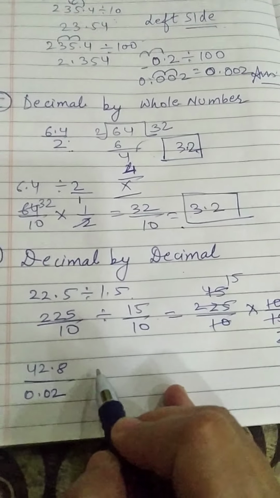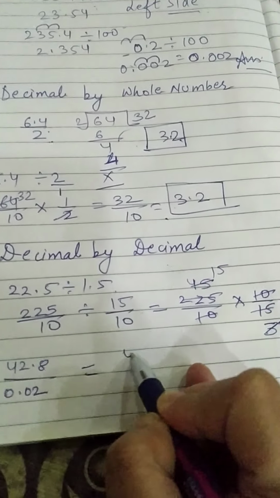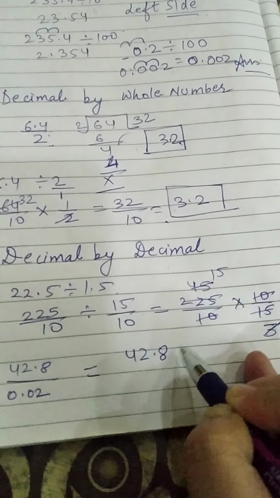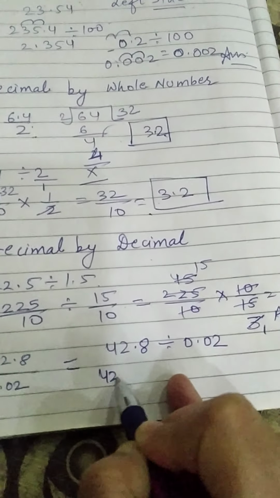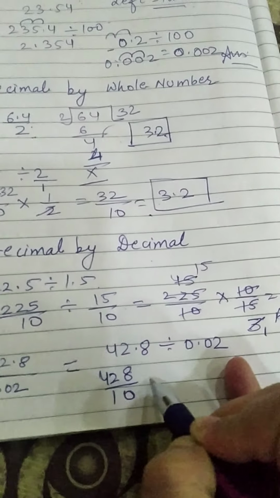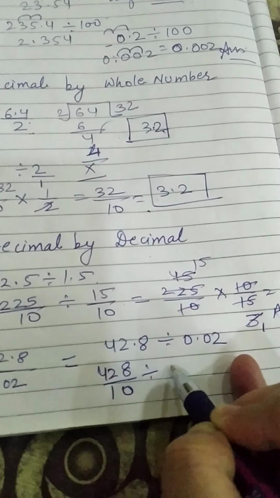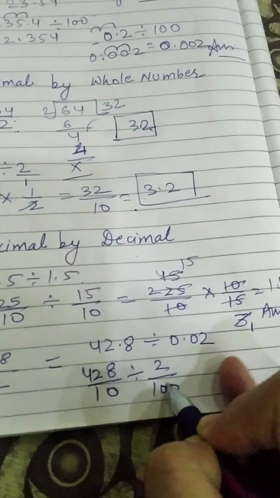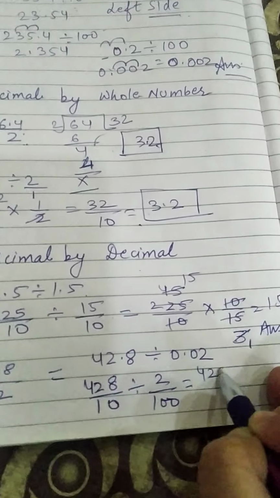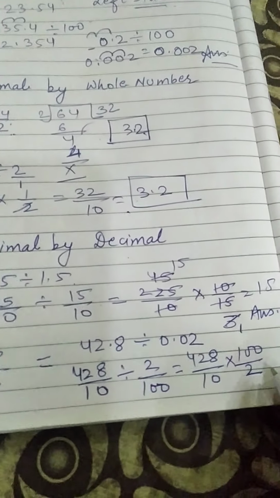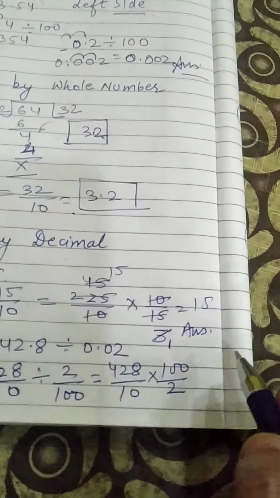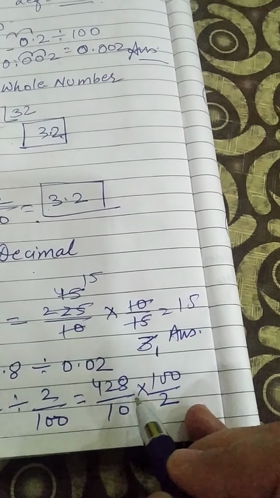If I divide 42.8 divided by 0.02, 42.8 can be written as 428 by 10 and 0.02 can be written as 2 by 100. So 428 by 10 multiplied by 100 by 2, the reciprocal of the second one, same as we have done in fractions.